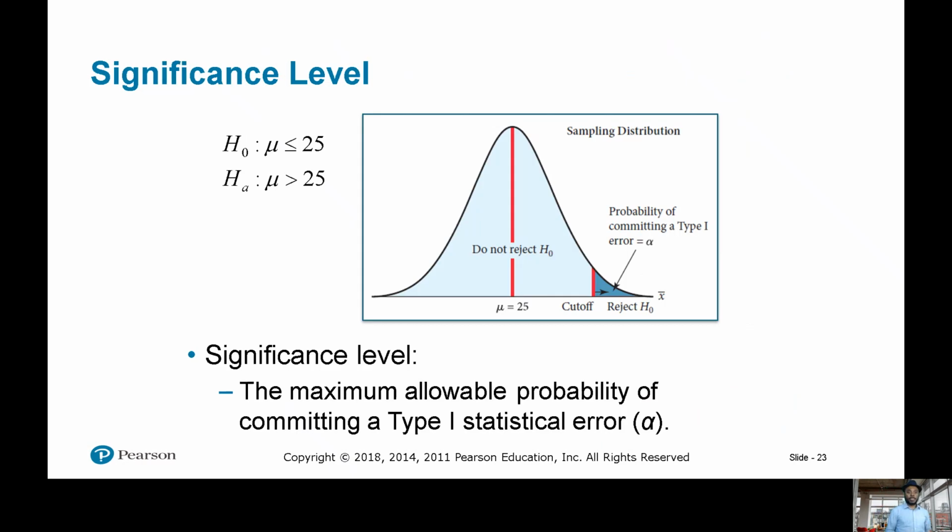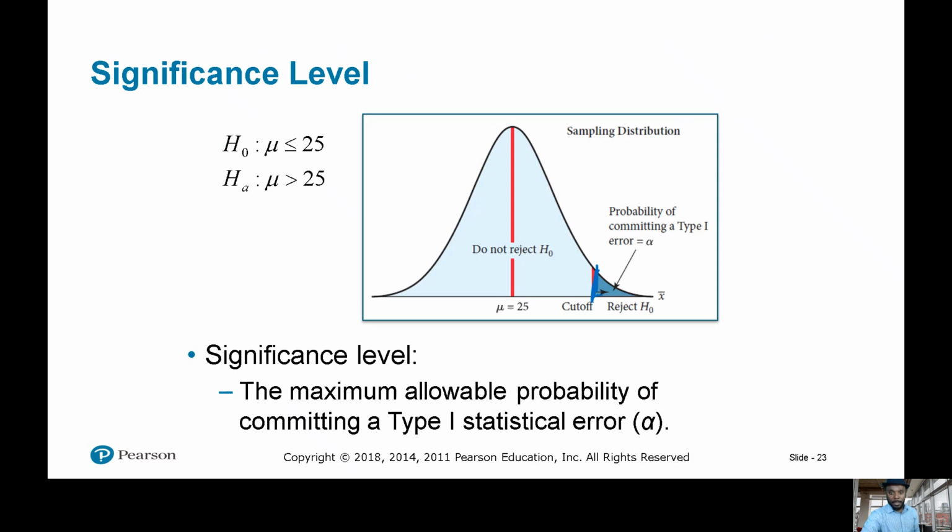We've talked about the significance level, alpha, the maximum allowable probability of committing a type 1 error. When we're starting a study, we need to set our alpha value, and that will enable us to determine our critical value, which we put here as a cutoff, and that's what we would use in making our decision.